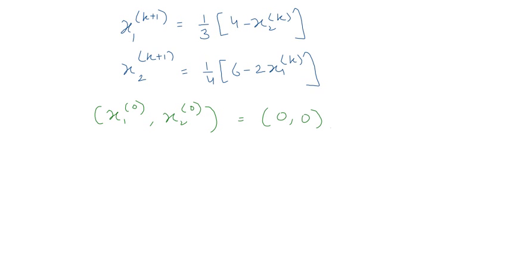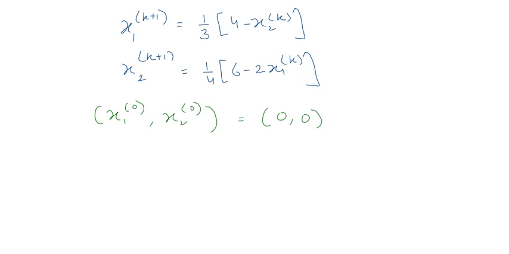Note that we are supposed to design an iterative method that converges where the initial vector can be any arbitrary vector. So you take any initial approximation and it should converge to the solution. With that goal, we are starting here with 0 0.